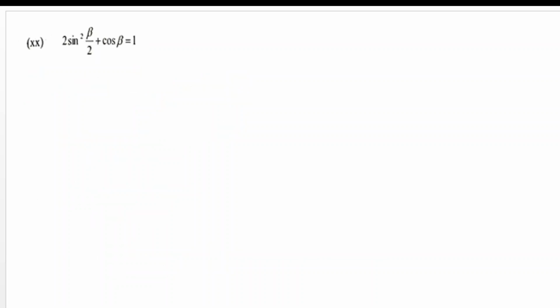So let's move toward the next question, that is the 20th part of this question. We need to take the left hand side here. Let me write here left hand side: 2 sine square beta by 2 plus cos beta.